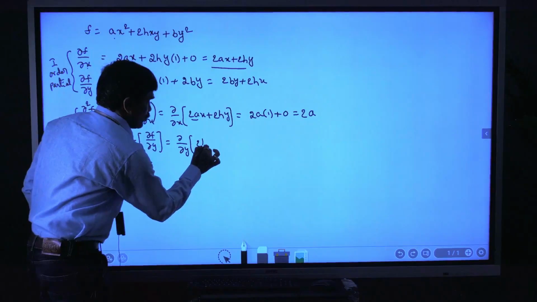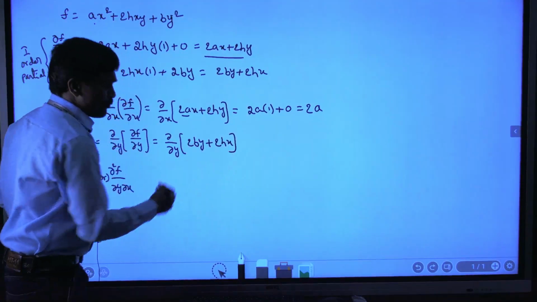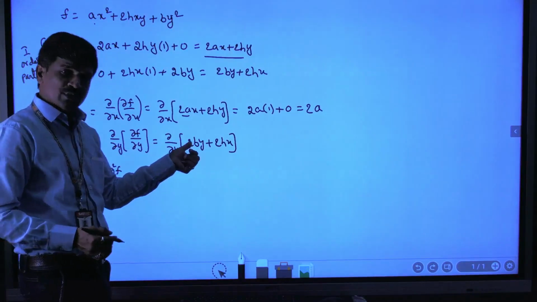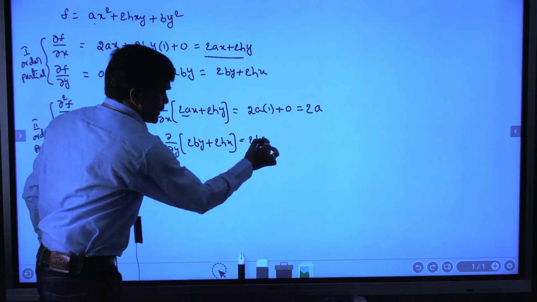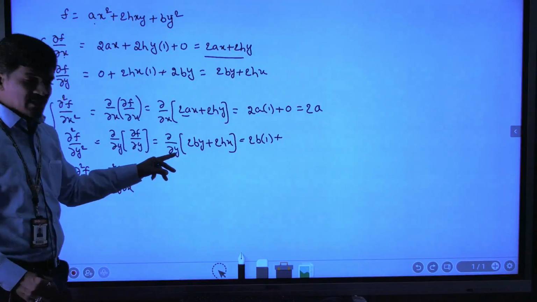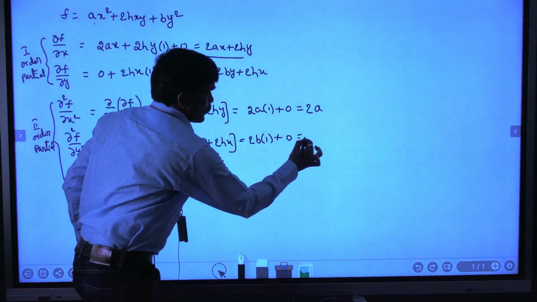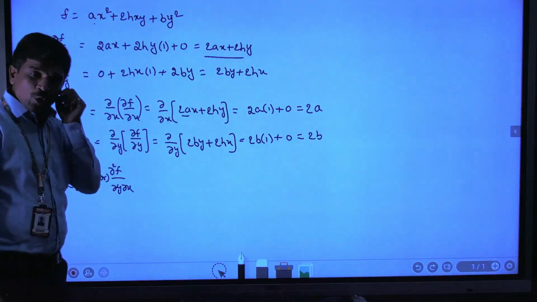Now take the derivative of this function with respect to y. With respect to y, 2b is constant, so the derivative of y is 1, plus 2hx with respect to y is constant, so the derivative is 0. So we get 2b. That is dou square f by dou y square.